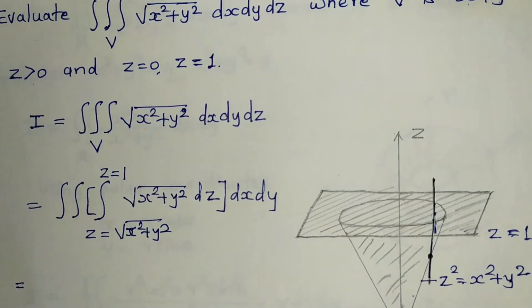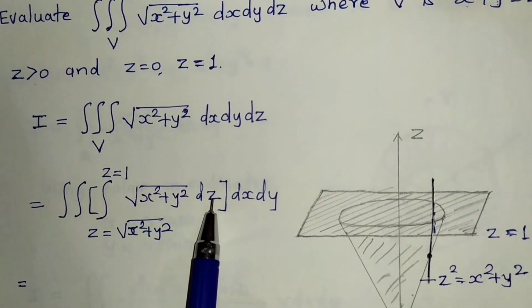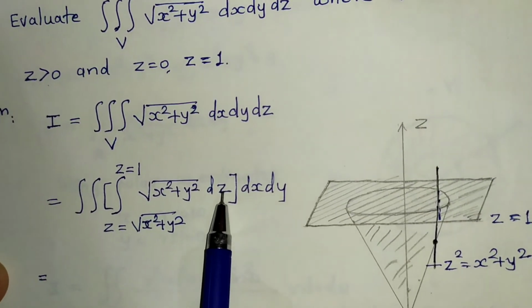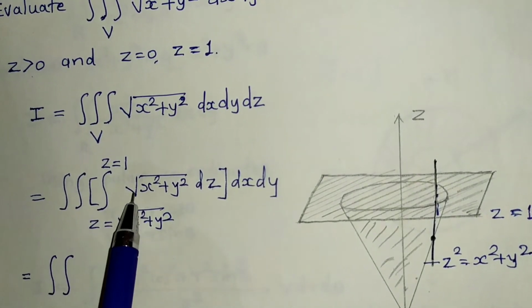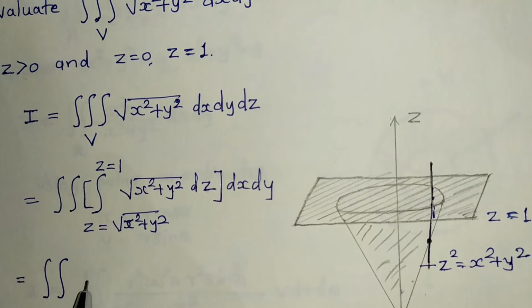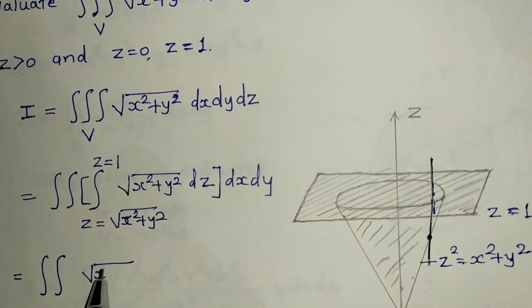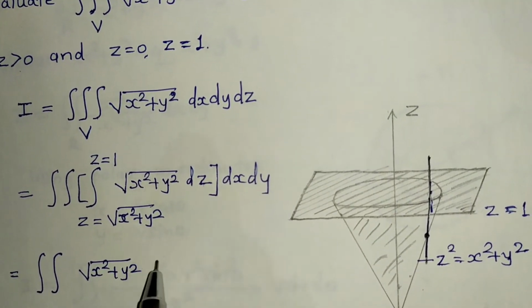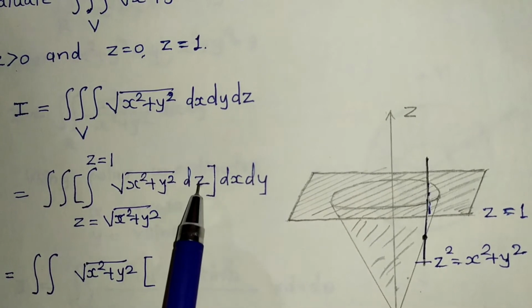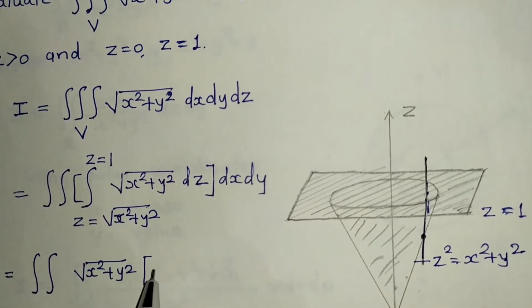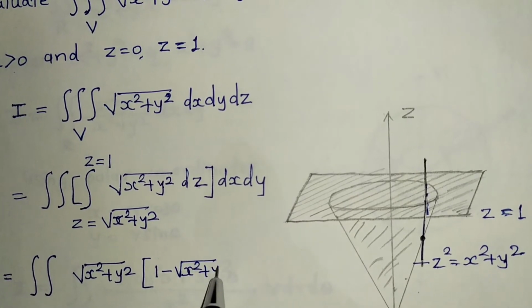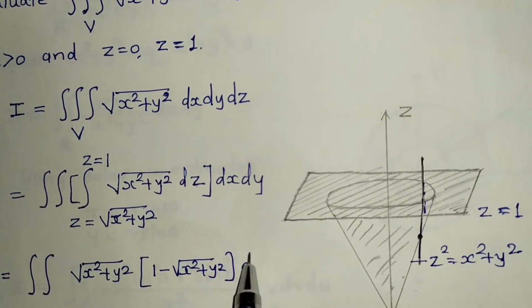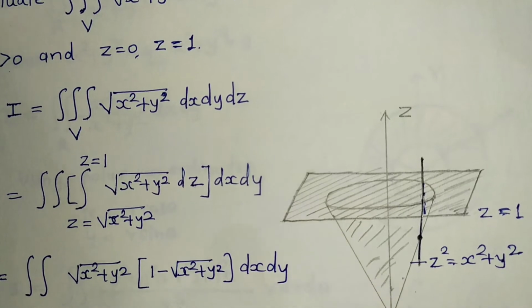Since there is no z, only dz is there, so the integration of dz is z, upper limit minus lower limit, as root of x square plus y square is constant. That is 1 minus root of x square plus y square, into dx dy.